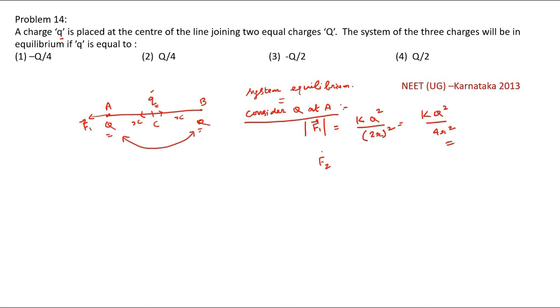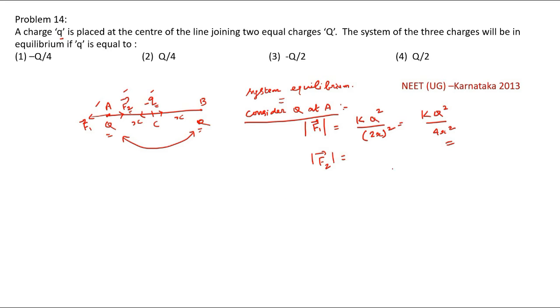Similarly, the force on capital Q at A due to this small q should be this way, equal in magnitude. It has to be equal in magnitude, then only it can cancel. Obviously, it has to act in the opposite direction, so it has to be minus q, so that this minus q will exert a force of attraction on this plus Q. So the two forces F1 and F2 should be numerically equal. As you see from the picture, they act in the opposite direction.